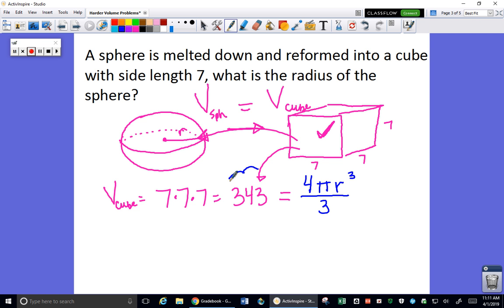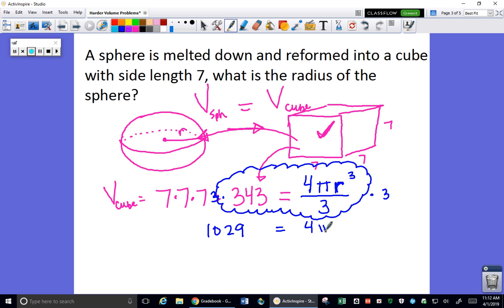So these two things are equal, this volume of your cube and the volume formula for your sphere, and now I have to solve for r. Okay, so algebra says we multiply by the denominator, so times 3, and I hope you're doing these calculations on your own.